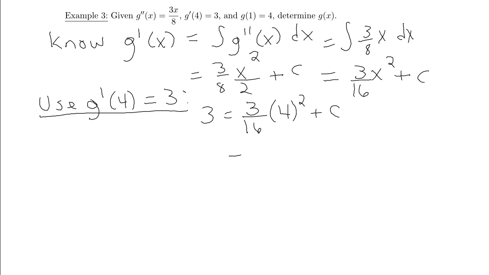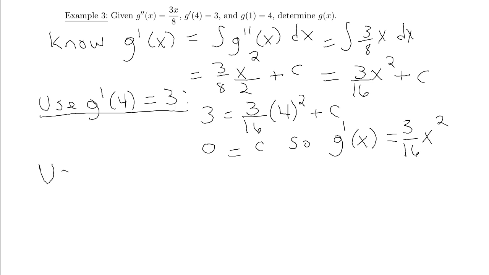And so I end up with 3 plus c is equal to 3, so that actually solves that c is equal to 0. So that tells me that constant was actually 0. So g prime of x is just 3 over 16 x squared. I don't need a plus c because we've solved that that constant is in fact 0.